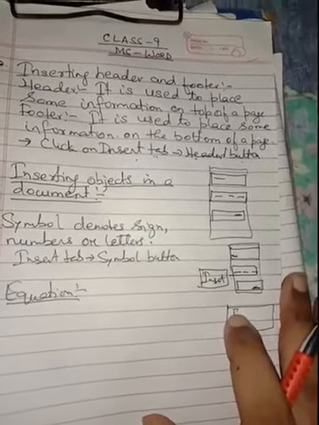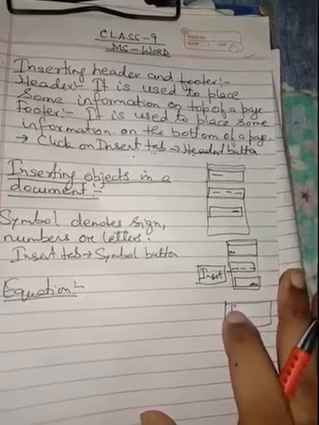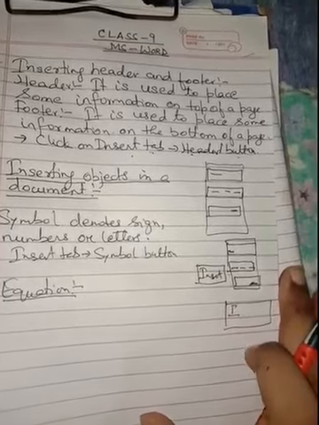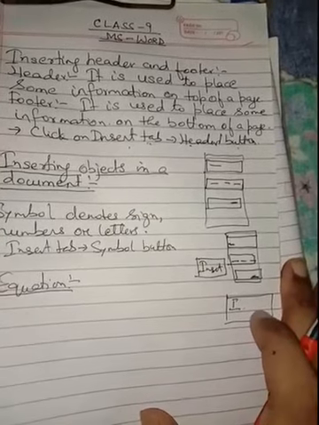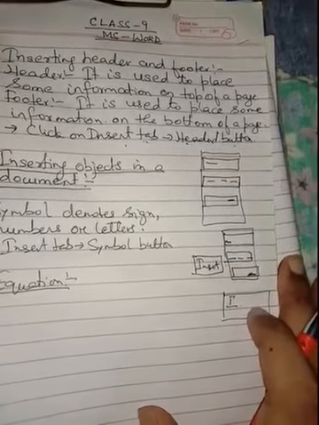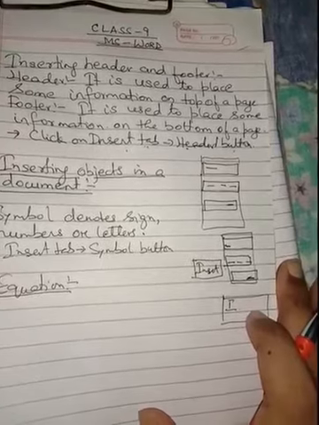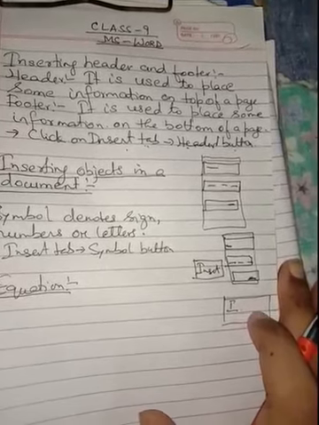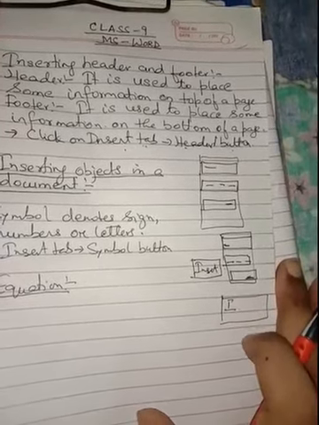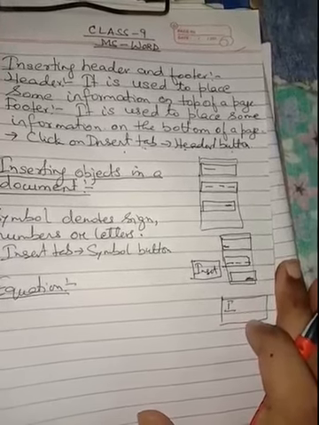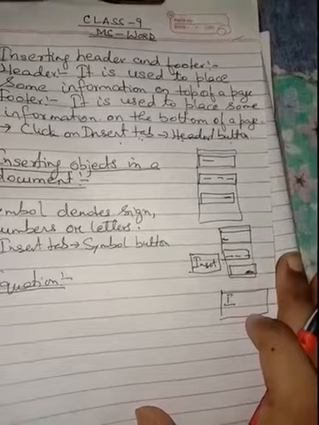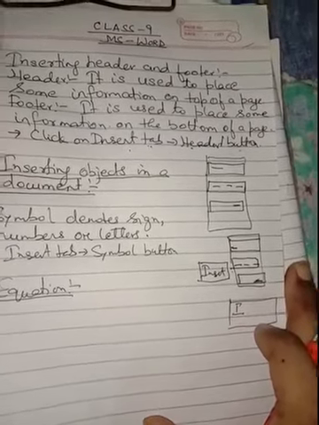There on the drop down key of the equation button, we have different types of equations. We can select any of them and can click on the insert new equation option. So the selected equation will be inserted in our document. In this way we can insert the equation.